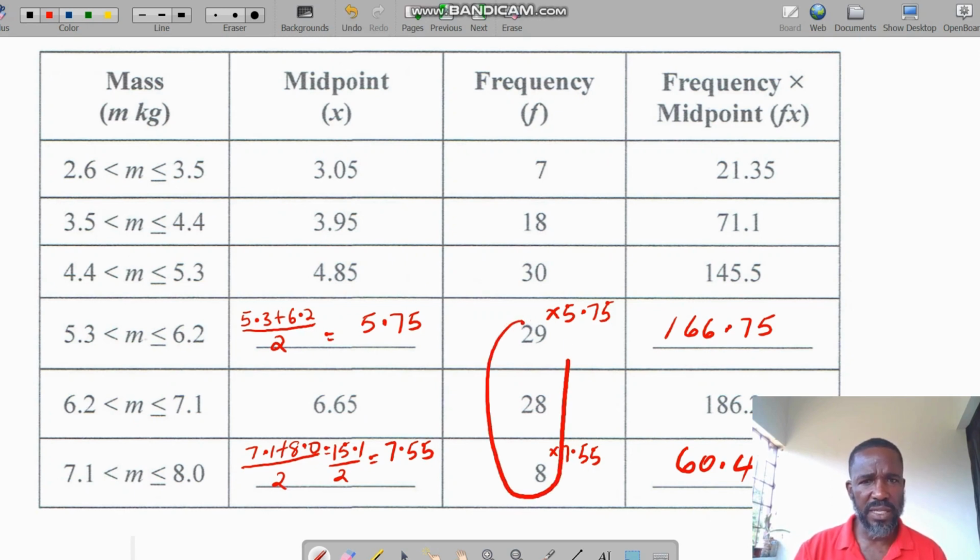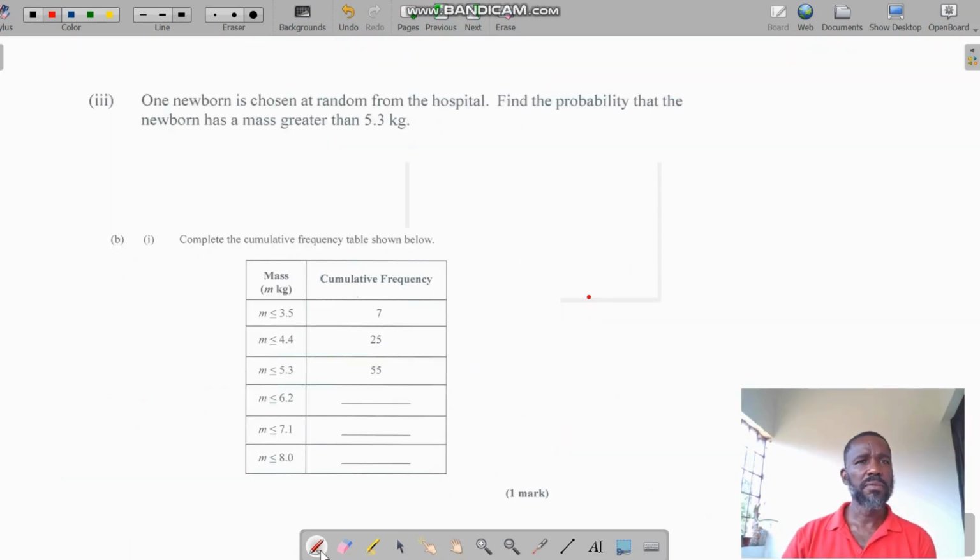And so what we're going to do is add the frequencies for masses greater than 5.3 kilograms. We recognize that the masses greater than 5.3 were 29 plus 28 plus 8, and that gives us a total of 65.